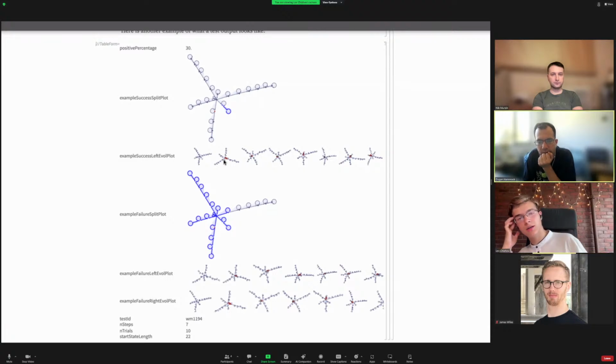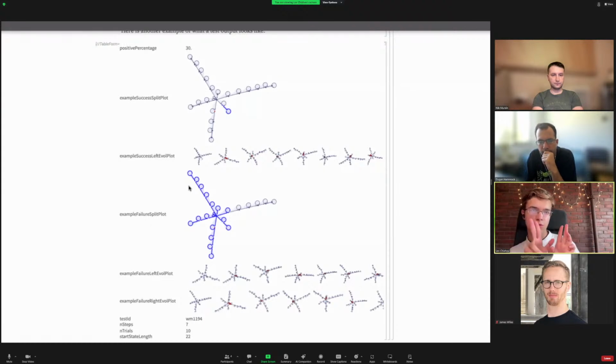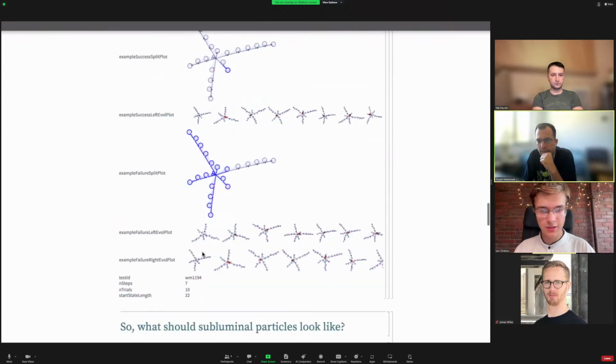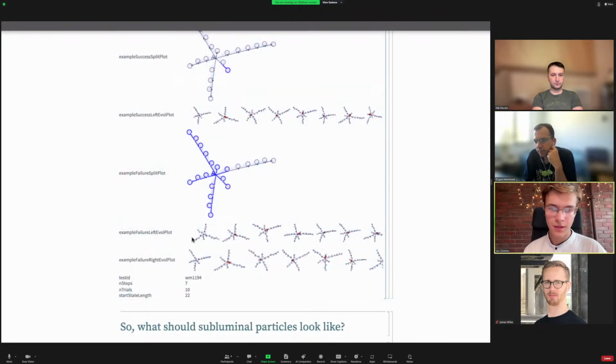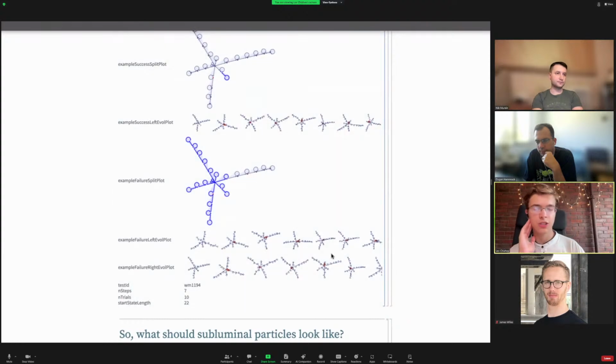So you take some state, you apply one more step to this, and that way you have a left state and a right state. You apply the same rules to both of them. You get two different chains of states, and you check that basically the same things happen in both chains. Got it.